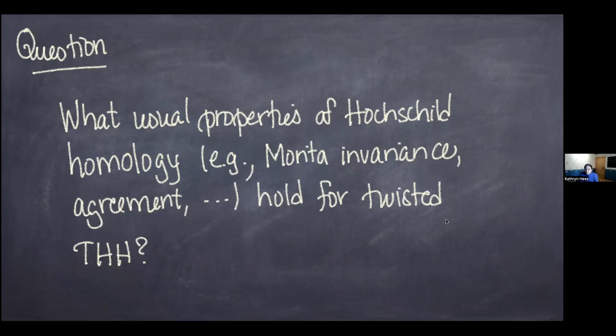And the way we decided to investigate them was to try to move this study of twisted Hochschild homology into a more general context where these sort of properties were known to hold. And so that's what I'm going to talk about now, this more general abstract framework in which one has a notion of Hochschild homology for which one is sure that these desirable properties actually hold.